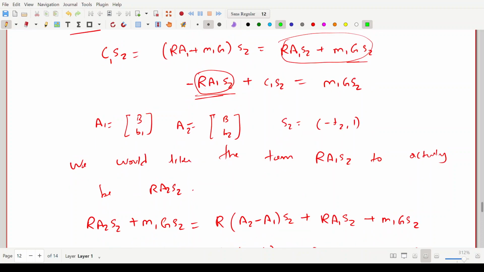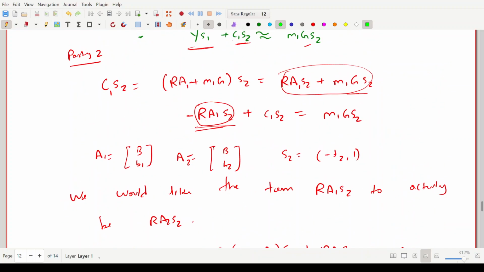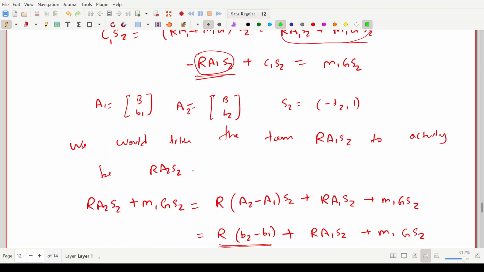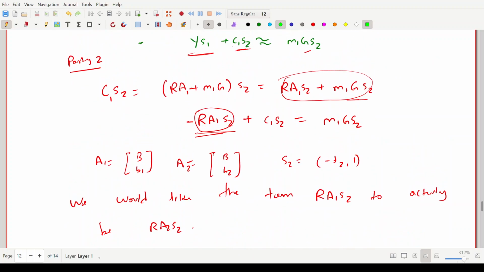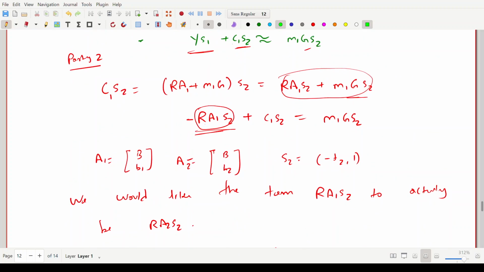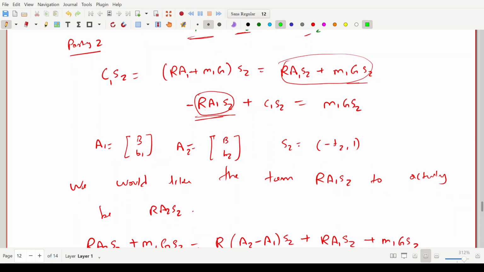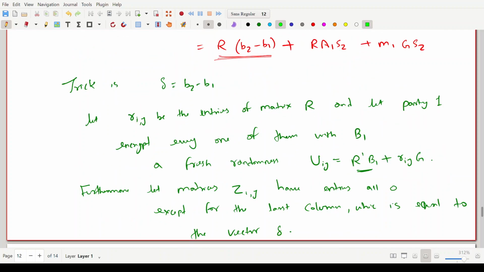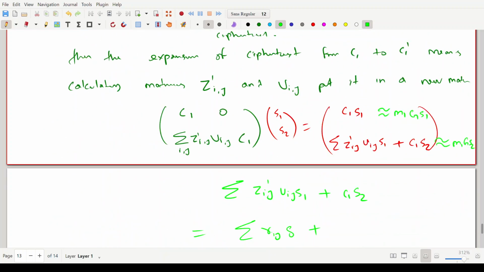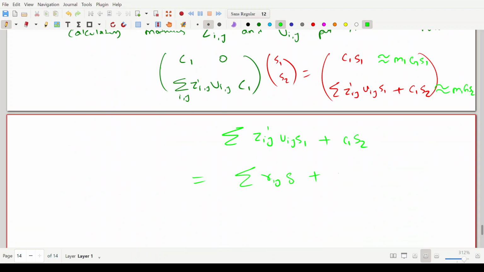C1 S2 is R E1 S2 plus M1 GS2. So I am having this M1 GS2.